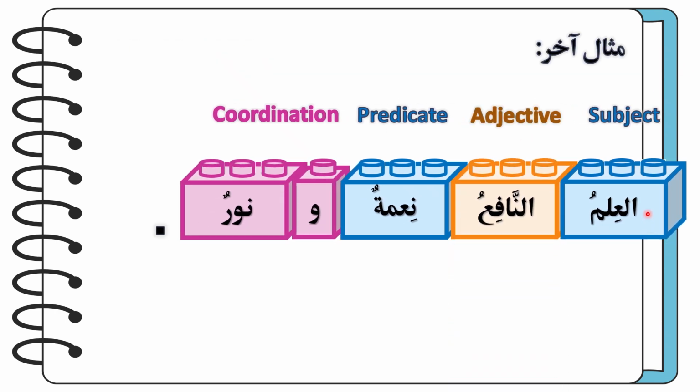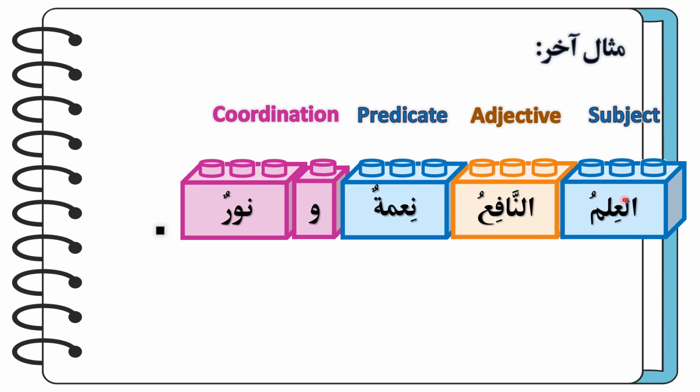To expand the sentence even more, I'm adding an adjective to the subject. I want to describe the subject. So I say العلم النافع. نافع here means useful. And if it's attached to the subject, it should agree with it. The adjective should agree with the noun it describes.